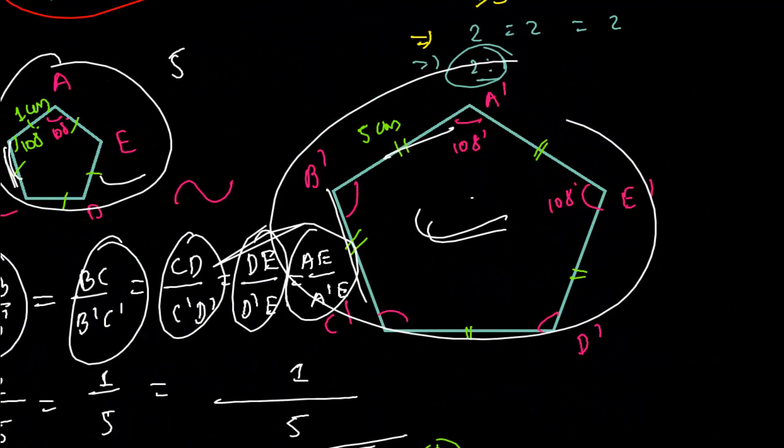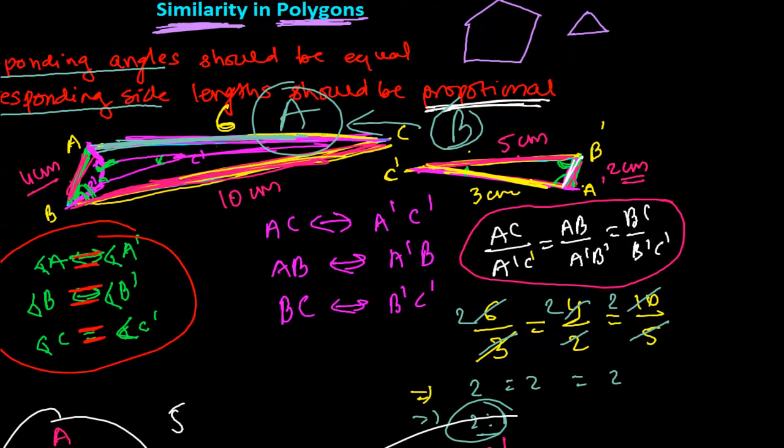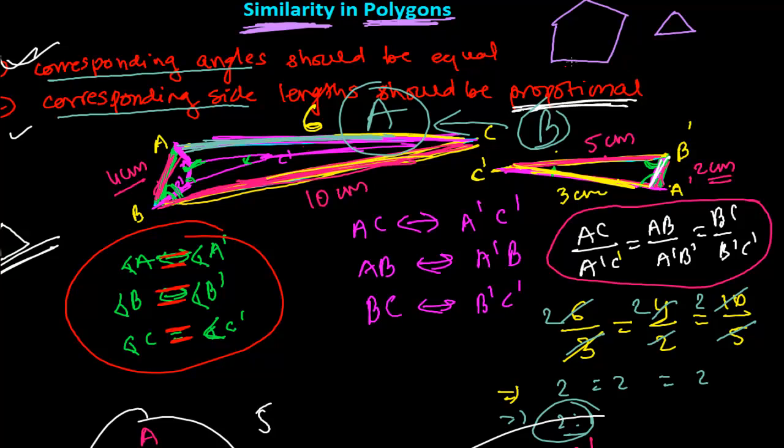Now come to our rules. Well, for two figures to be similar, we have two conditions: their corresponding angles should be equal, and their corresponding side lengths should be proportional.